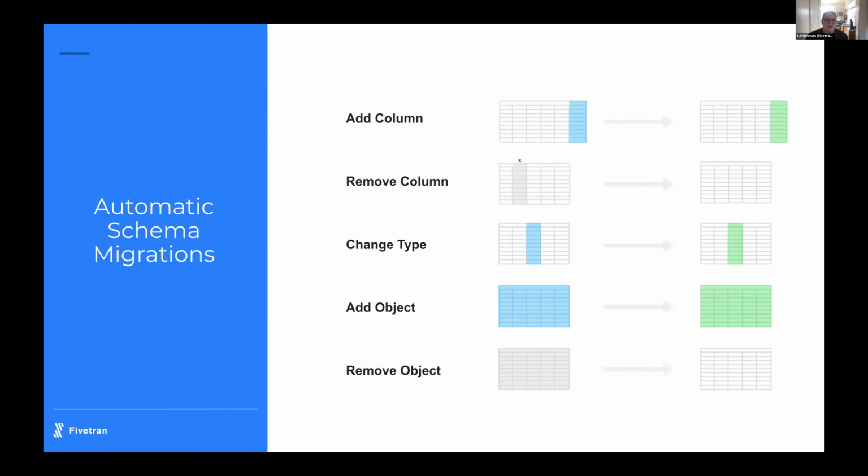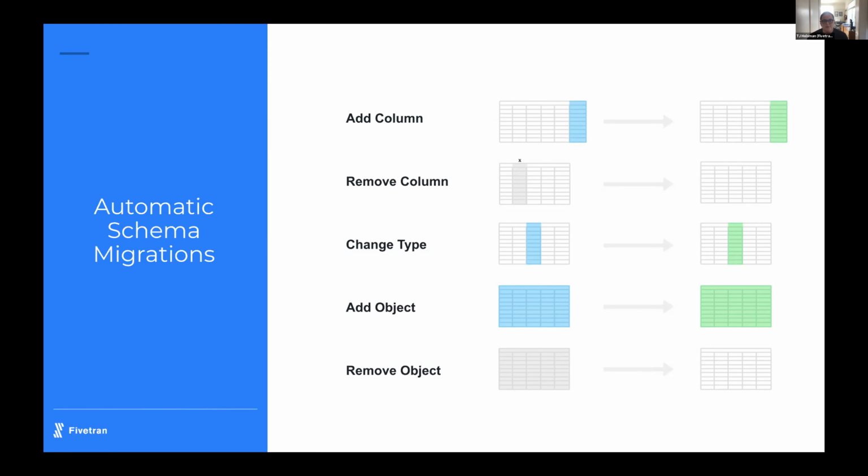Next, Fivetran does automatic schema migration. So as changes are happening source side, we're also going to make the appropriate change in the destination to accommodate that source side change. The way this works is that when a column or table is added at the source, we will simply add that column or table at the destination automatically.